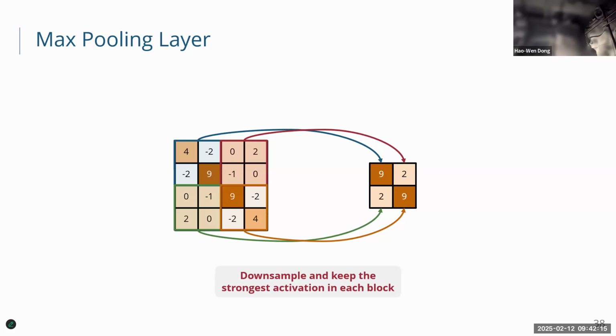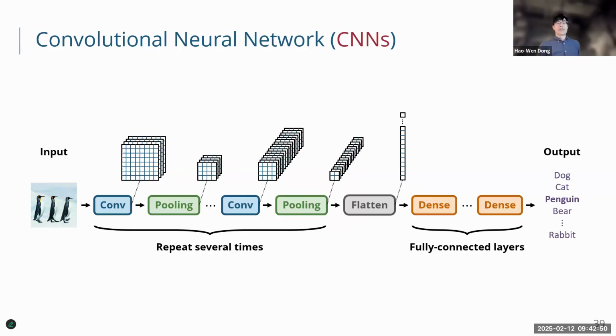I don't care exactly where it is, but I do see a beak. You get rid of some of the detailed localization or position information, but you aggregate it into a high-level representation where we get a general sense of where it is, and we do see that feature happen. So max pooling is a way to reduce the resolution over time, but aggregate those important features deep into the neural network. Generally, this is again the architecture that we are looking at.